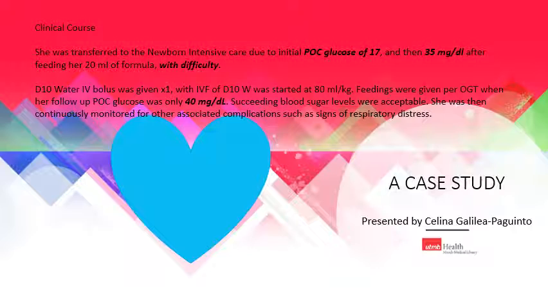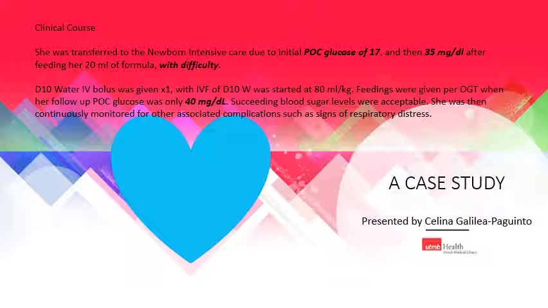A few hours later, she was transferred to the newborn intensive care due to an initial POC glucose of 17, which came to 35 milligrams after feeding her 20 ml of Similac Advance, but with difficulty. An IV bolus of D10 water at 2 ml per kilo was given times 1.